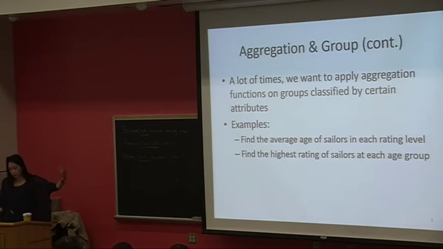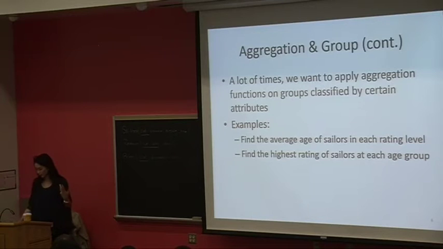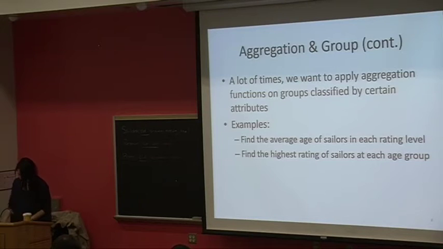We group the sellers first, for example, this group are the sellers who have rating equal to 1, this group rating equal to 2, and then we take the average age in each group. Another example would be to find the highest rating of sellers at each age group. Then we just swap the order. We group by the age first, and then find the highest rating. So these are the concepts that we want to achieve, besides the 9 operators we have learned so far.